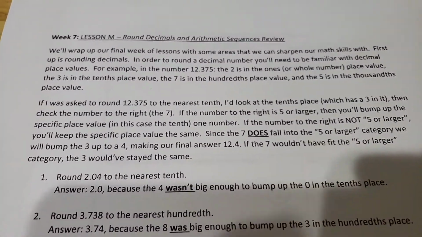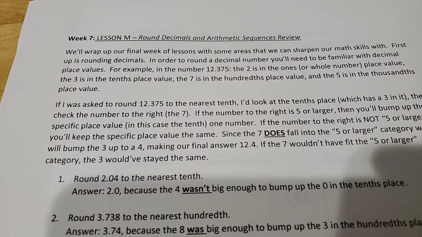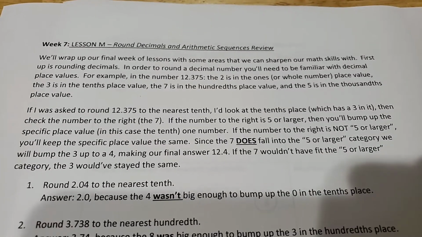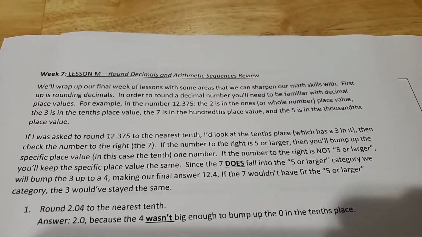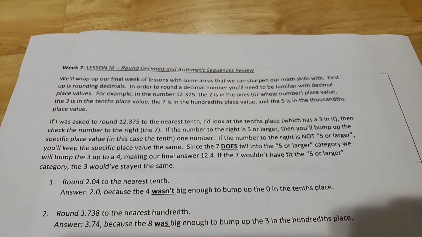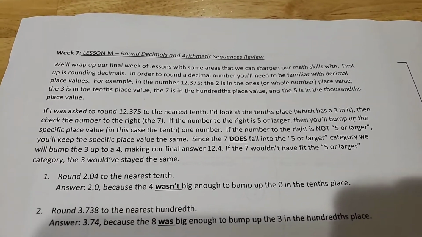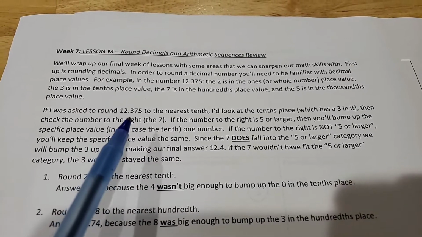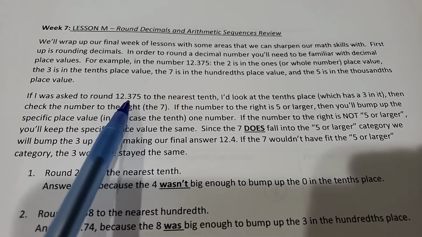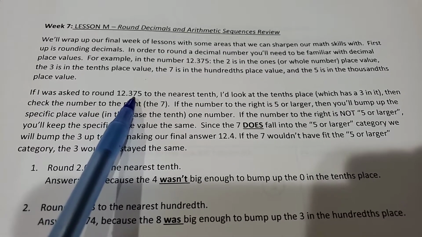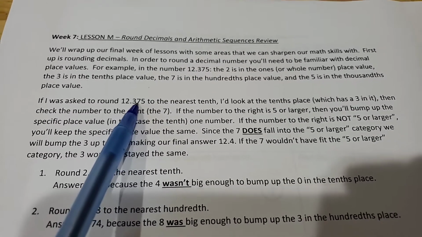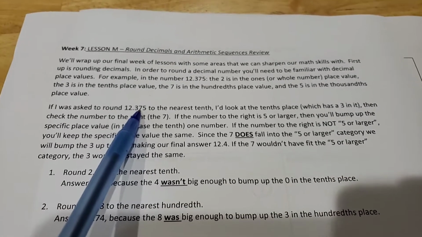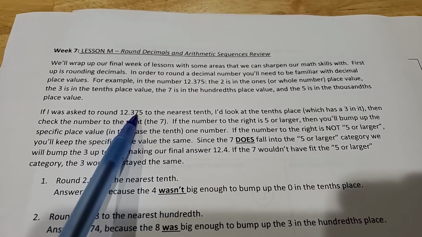If I was asked to round 12.375 to the nearest tenth, I'd look at the tenths place, which has a 3 in it. Then check the number to the right, which is the 7. If the number to the right is 5 or larger, you'll be bumping up that specific place value.